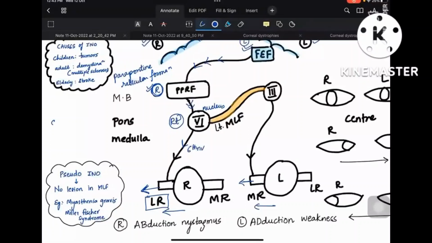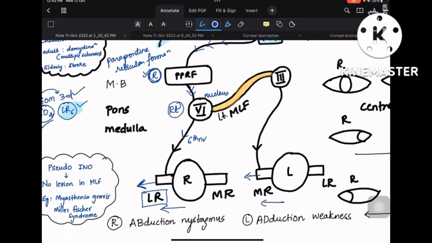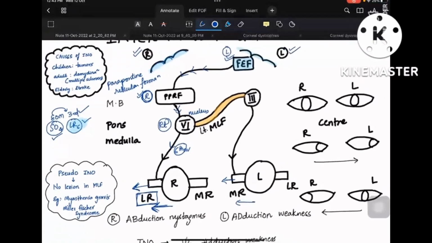We know the mnemonic SO4, LR6, and all the rest of the extraocular muscles are supplied by the third nerve. So all extraocular muscles, superior rectus, inferior rectus, etc., are by the third nerve, whereas lateral rectus is by 6, and superior oblique is by 4. The muscle under discussion for us now is LR6. Look here, the sixth nerve sends the impulses to the lateral rectus on the right side. So that causes the movement towards the right side in the right eye.